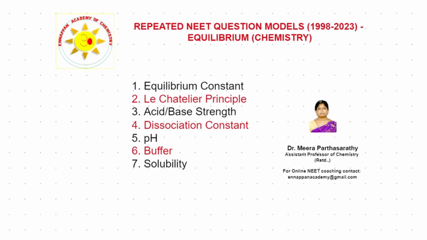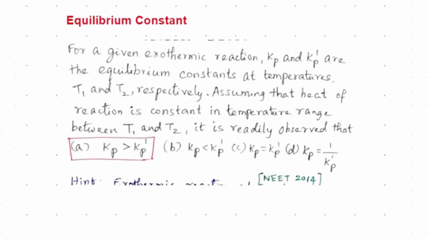Look at the first question. For a given exothermic reaction, Kp and Kp prime are equilibrium constants at temperatures T1 and T2 respectively. Assuming that heat of reaction is constant in the temperature range between T1 and T2, it is readily observed that... What is given here?